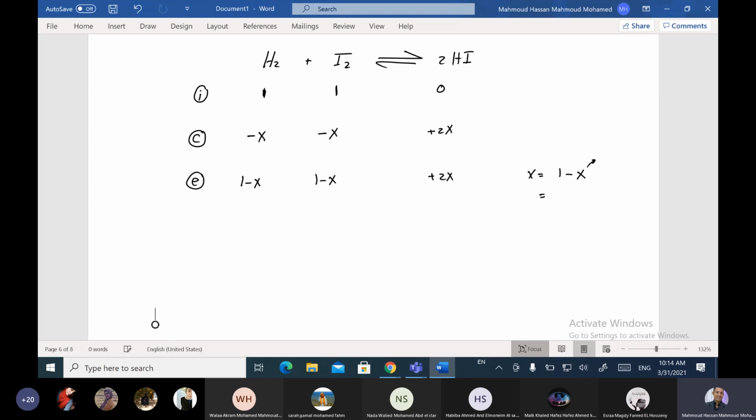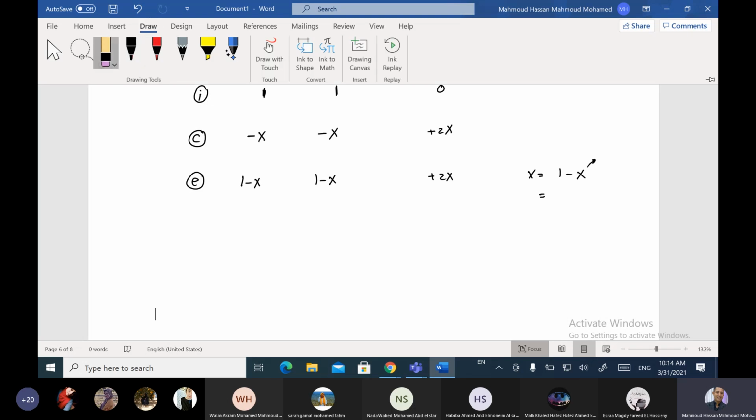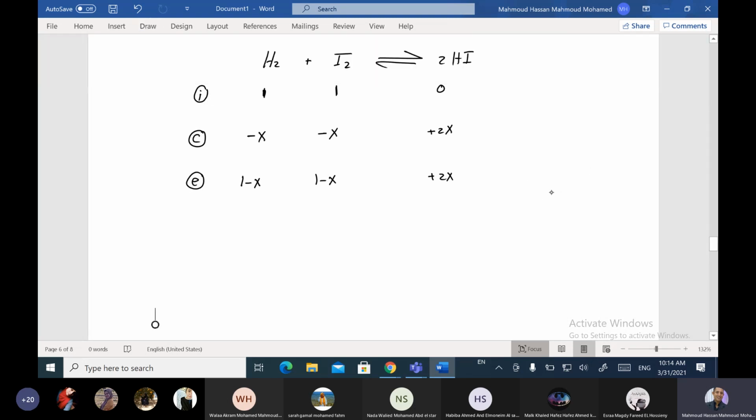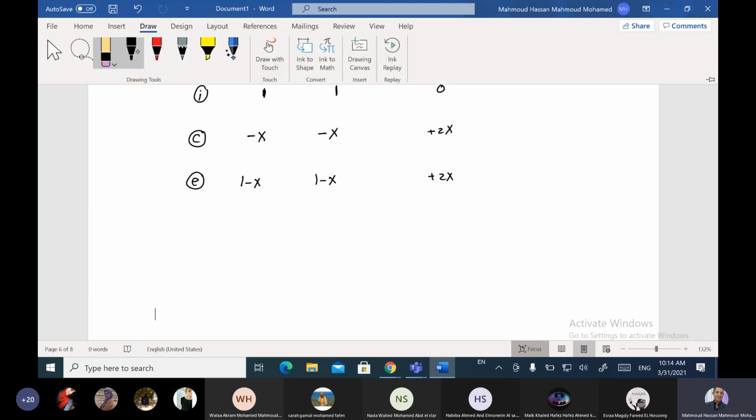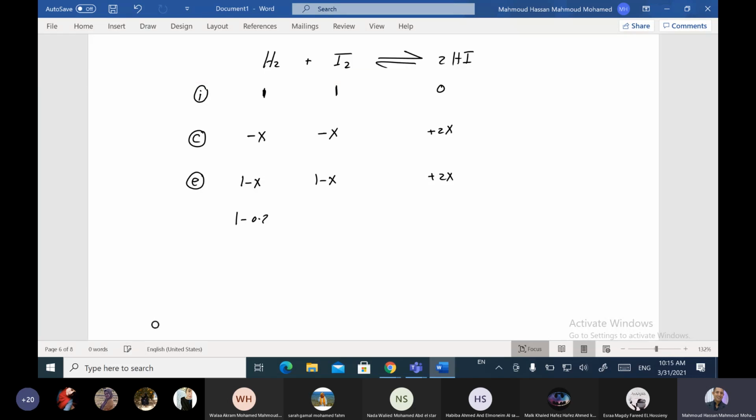So in this case, we find 1 subtract the reacting substances, 1 subtract 0.8, only 0.2 remains.